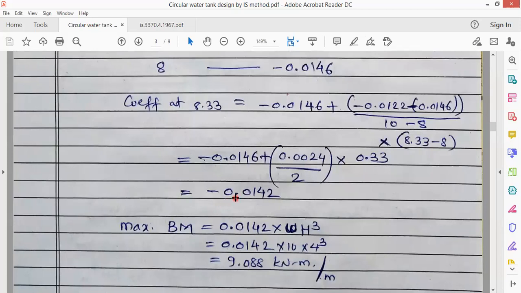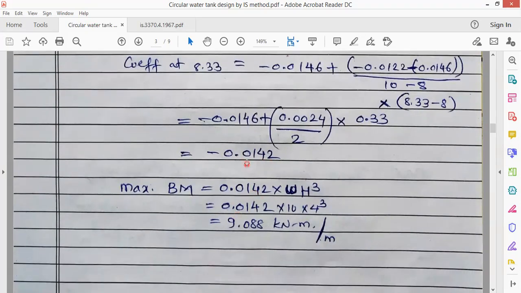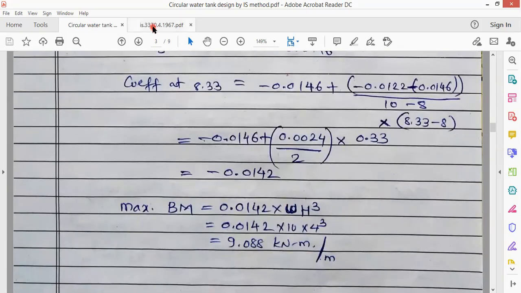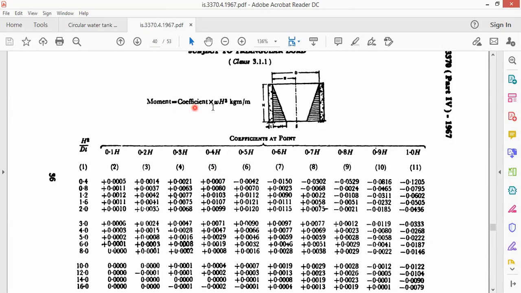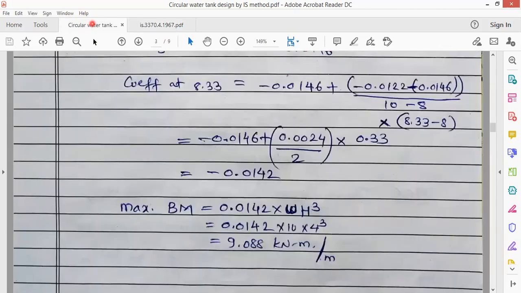It is minus 0.0142. Now I will substitute this coefficient in the equation, coefficient into W into H cube. There we can substitute and obtain the value of the maximum bending moment. So the maximum bending moment is 9.088 kilonewton meter per meter height.